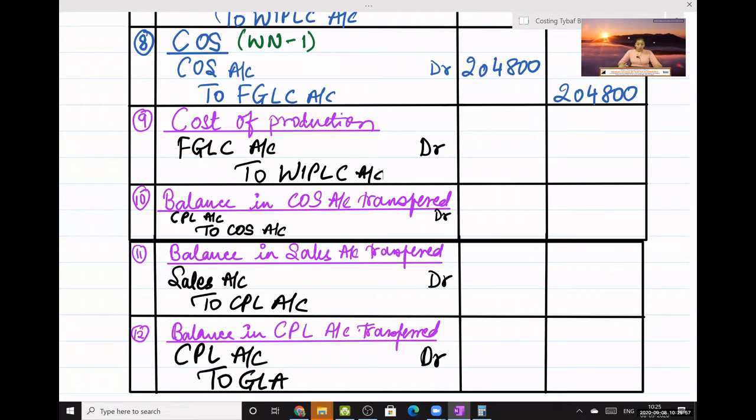Is it clear? So as per the question, there are only 7 entries, but if you look into this, it's 12. 8, 9, 10, 11, 12 are hidden marks. So 5 hidden entries. Obviously, if journal entries are asked, these will carry marks. So clear till here? Acknowledge it in the chat box. Till here, is it clear to everyone?